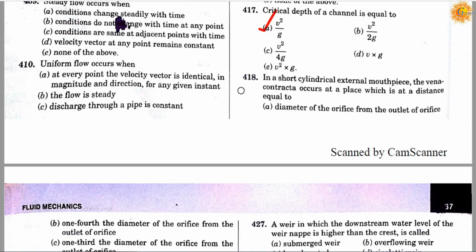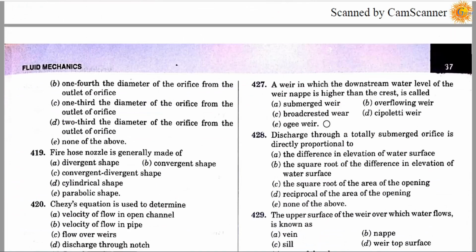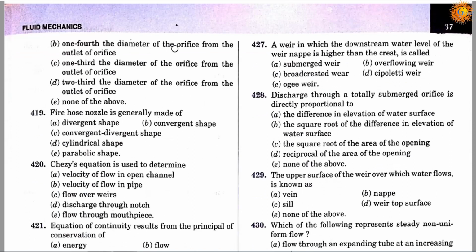Question number 418. In a short cylindrical external mouthpiece, the vena contracta occurs at a place which is at a distance equal to: option A, diameter of the orifice from the outlet of orifice; option B, 1/4 the diameter of the orifice from the outlet of orifice; option C, 1/3 the diameter of the orifice from the outlet of orifice; option D, 2/3 the diameter of the orifice from the outlet of the orifice; and option E is none of the above.